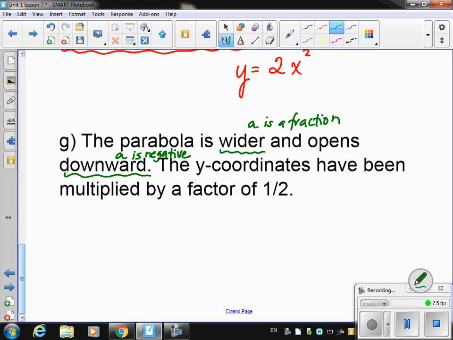The y-coordinates have been multiplied by a factor of 1/2. Aha, I knew it. a is a fraction. So I have y equals, upside down means negative, and it's told me that it's exactly half the step pattern, which will give me a wider parabola, and I need my x squared to give me a quadratic.